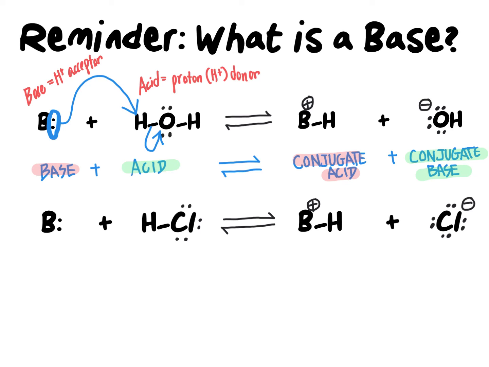So looking at our base here, we have this lone pair of electrons again, and what happens, analogously to the reaction with water, where water was the acid up top, HCl is going to be the acid down here. So the base comes over, it grabs a proton, H+, from the acid, hydrochloric acid in this case, that forces the bond between H and Cl to break, and the electrons go on the more electronegative atom, once again, much like they did up here, going on to the oxygen.